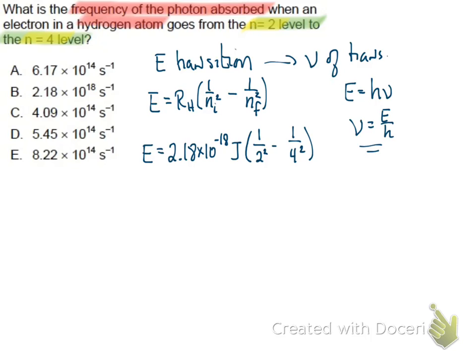Good. Then we can run these numbers. What we'll find is that the energy of the photon is just going to be equal to 4.09 times 10 to the minus 19th joules. We're going to take this answer then, and we're going to go ahead and plug it into the equation we have for solving for the frequency. Let's go ahead and do that.